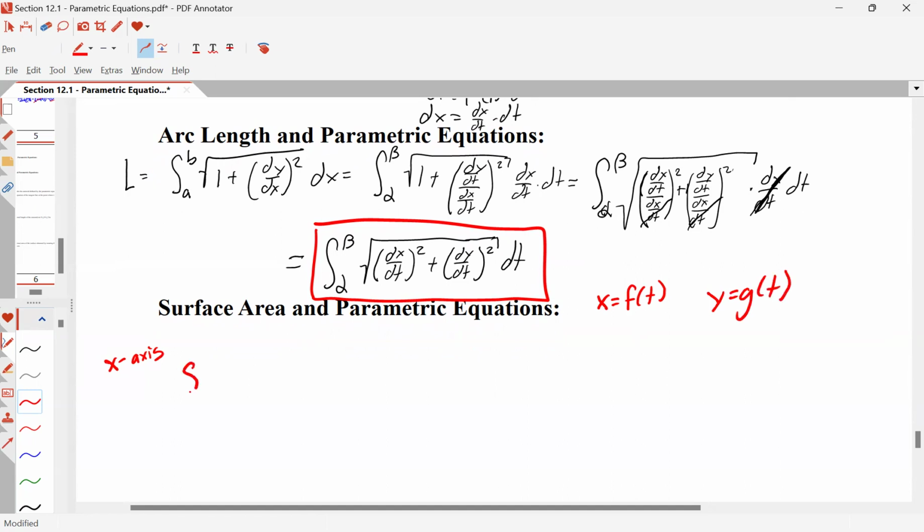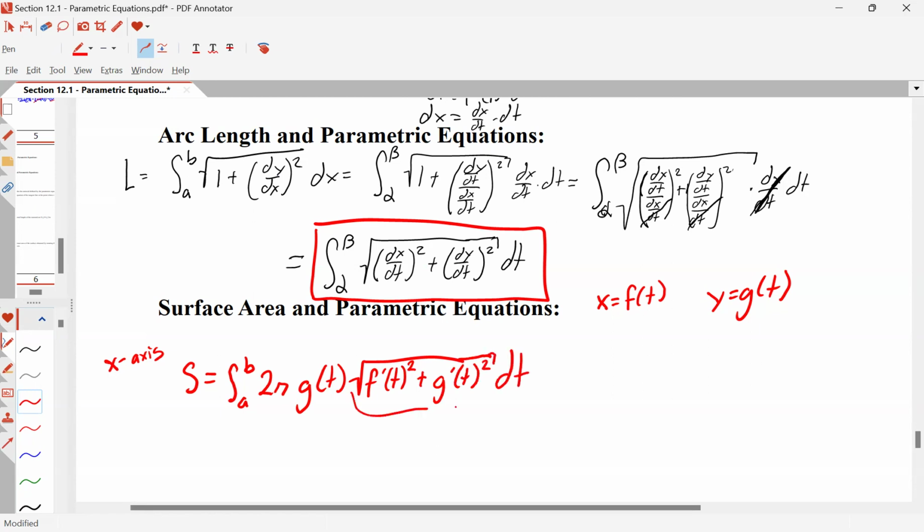Around the x-axis, we will get the formula S equals the integral from a to b of 2 pi g of t times the square root of (f prime of t, dx/dt) squared plus (g prime of t, dy/dt) squared.